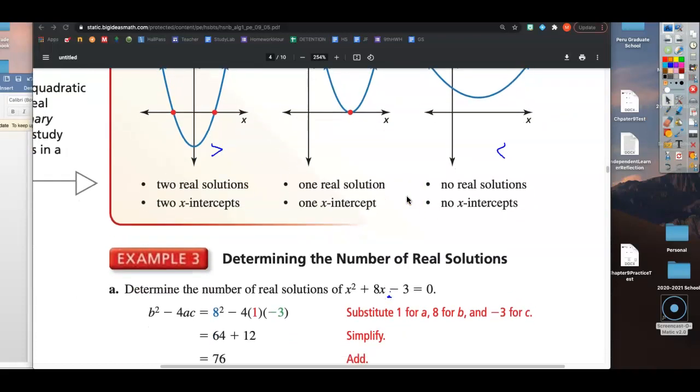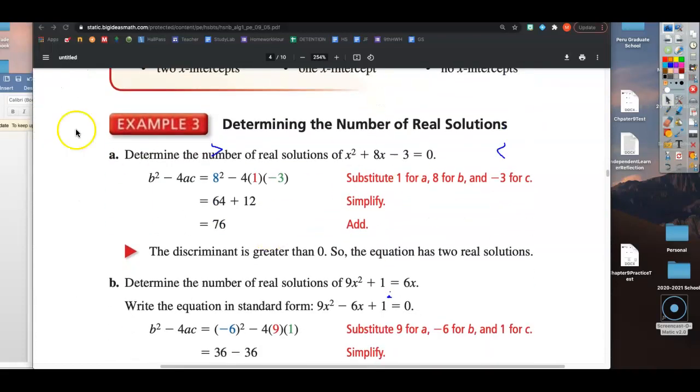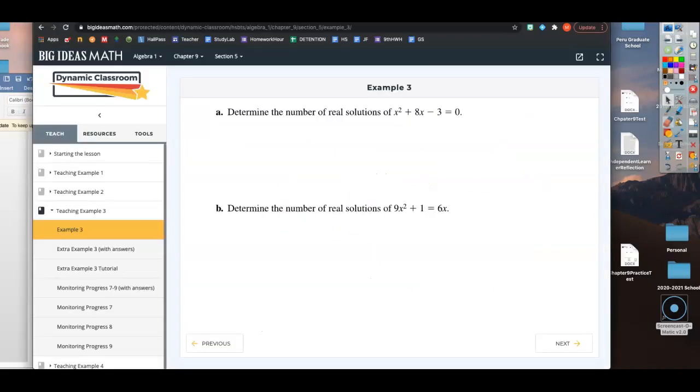So let's see how this would look. The first thing I'm going to do is pull up an example. We are just asked to determine the number of real solutions. I don't actually have to solve them out. I just have to figure out how many answers I would get for this parabola. So I'm just going to use the discriminant, b squared minus 4 times a times c.